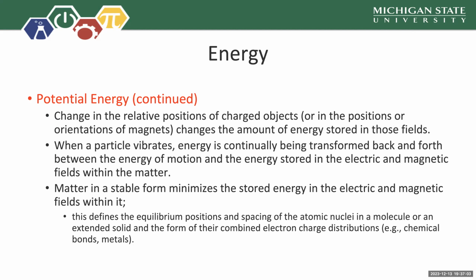So when those charged objects change position, you're going to get a change in potential energy. And that notion is just key to understanding why bonding occurs. Bonding occurs because there's a change in the amount of potential energy to a lower state of potential energy when everything bonds.